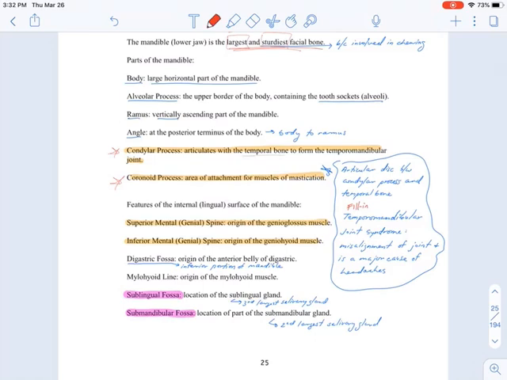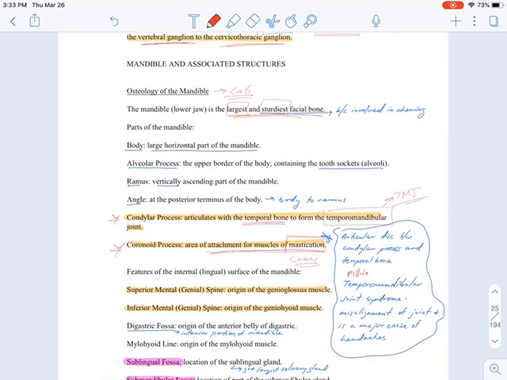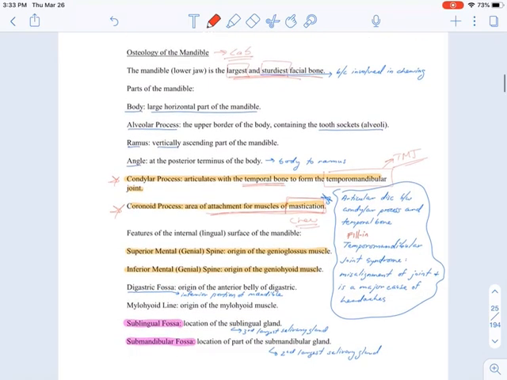Condylar is going to be what articulates with the temporal bone, and it forms your temporomandibular joint, otherwise known as TMJ. We have your coronoid process, and that's where muscles that help you chew, mastication, will attach. So both of those kind of stand out in comparison to the other parts of the mandible.